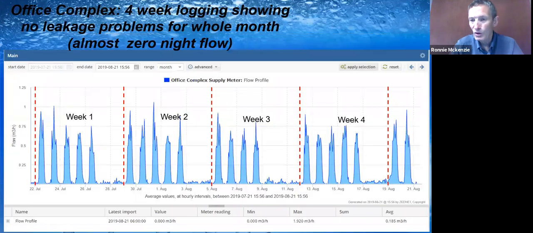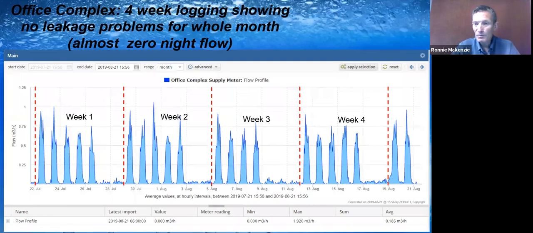I'm going to show you a few logging results now for the last part of today's presentation. And we start with an office complex. These are all real examples. They're all taken out of our database.